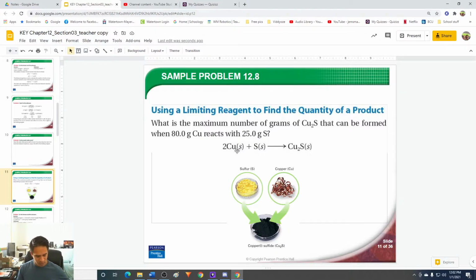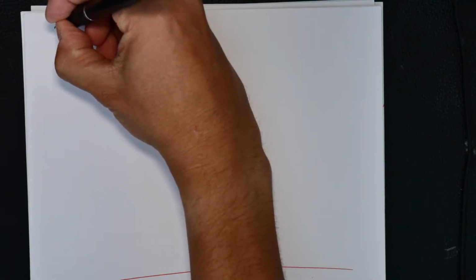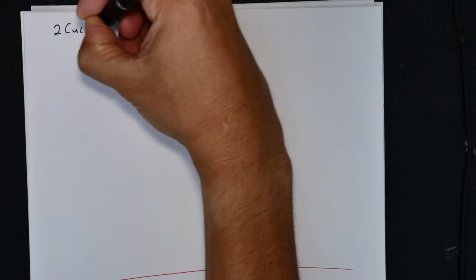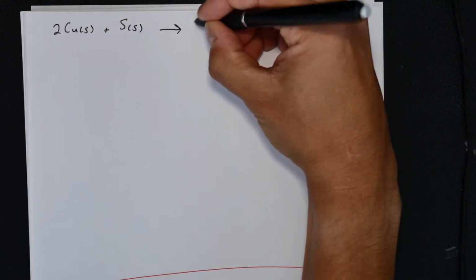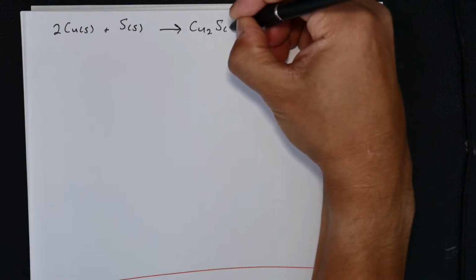So switch back to our paper. Again, I'm going to write the reaction out so that we can see it. Our reaction was 2 copper solid plus sulfur solid, making copper 1 sulfide solid.